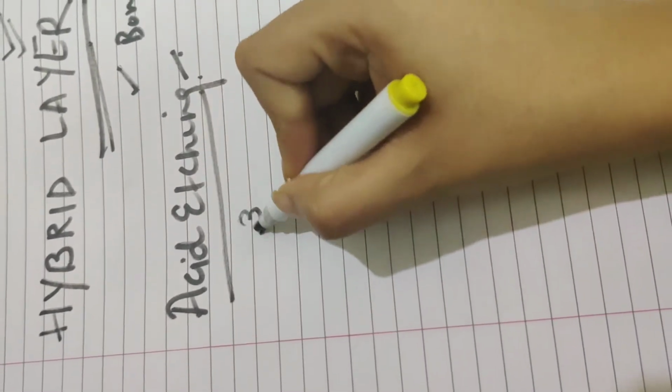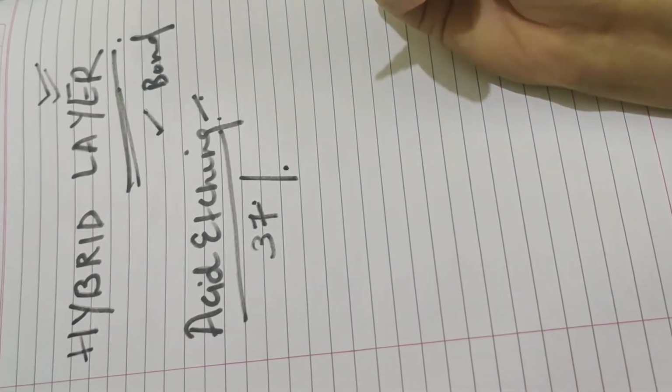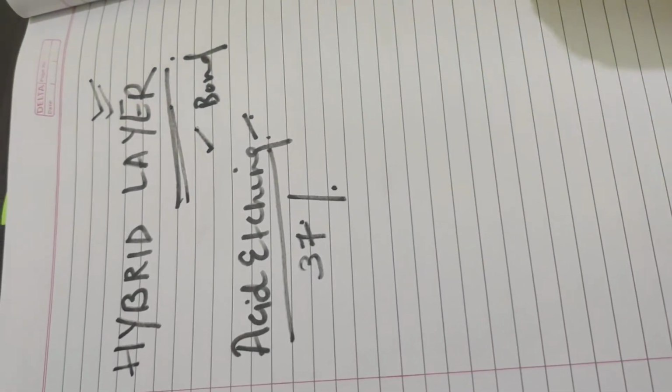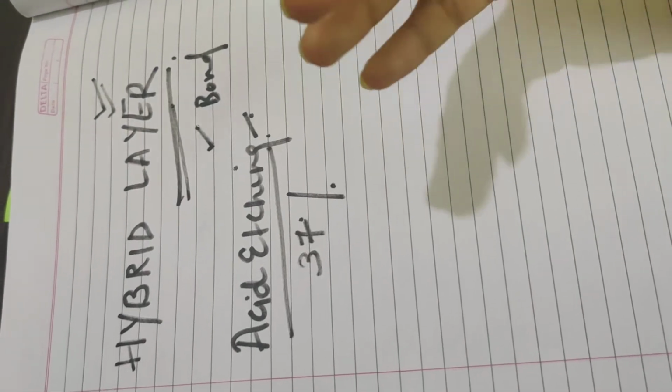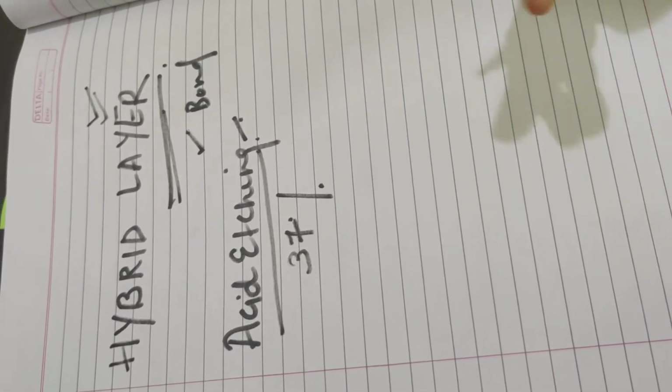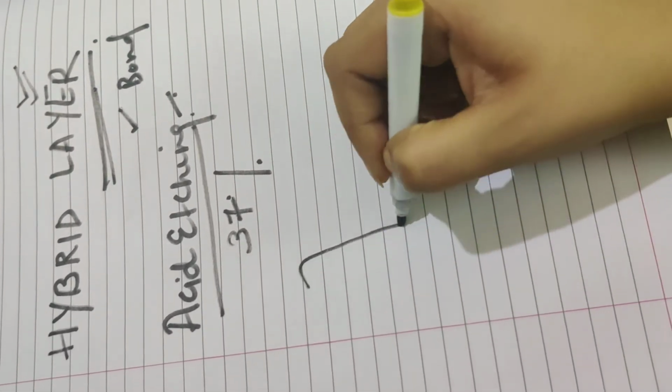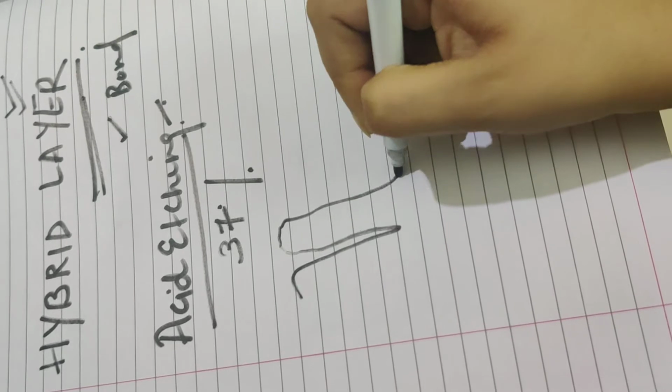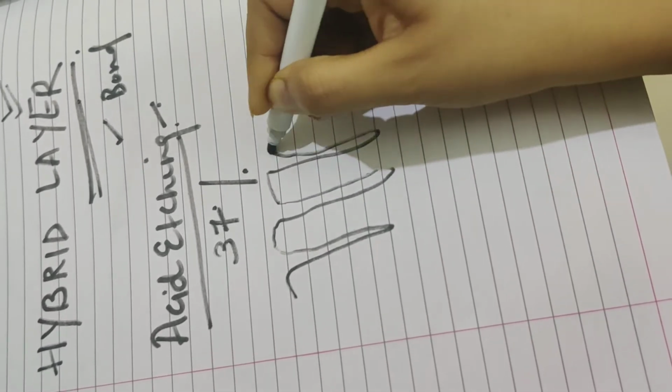Most commonly we use phosphoric acid at a concentration of 37% in order to clean the surface, increase its surface energy, increase its surface area, and create macro and micro porosities.